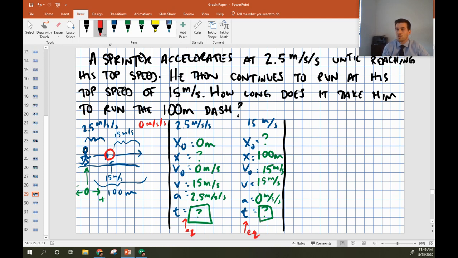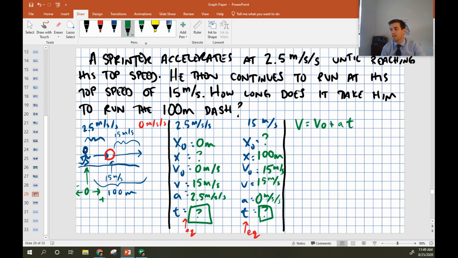And I think what I'm going to do is I want to know how long it actually takes for him to get to his max speed. So if I'm trying to find this here, and I don't care about how far he travels, I just want to know how long it takes to get to his max speed. I'm going to start this problem by figuring out how long it takes using this equation.